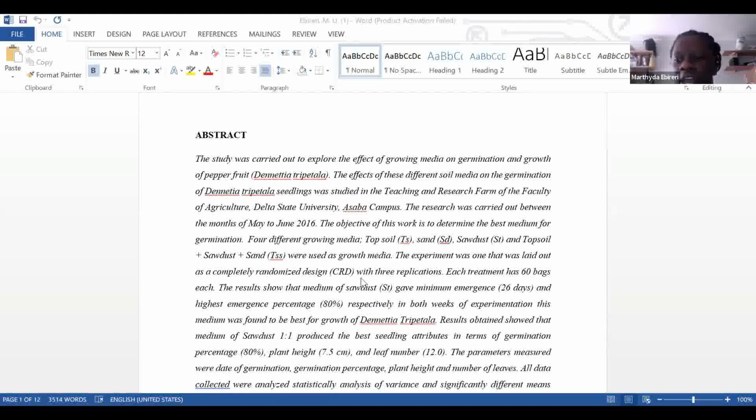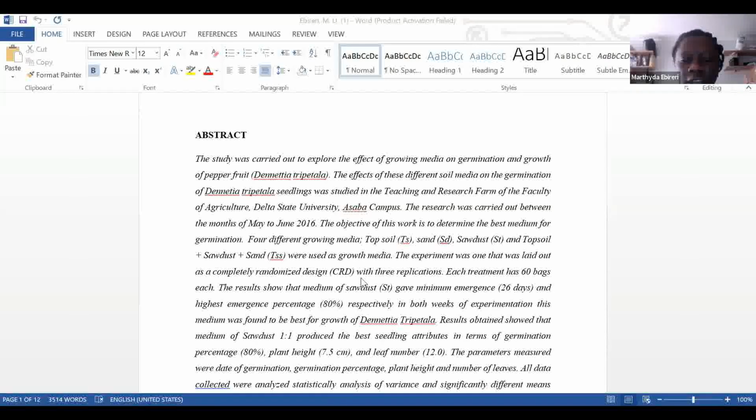Through the experiment, I found out that topsoil, which is like the normal soil we step on that is used for growing crops, 99% of the seeds that were planted on it did not grow, and the majority of the seeds that grew were found in sawdust, and also in the combination of the 3 treatments, which is topsoil, sand, and sawdust combined.